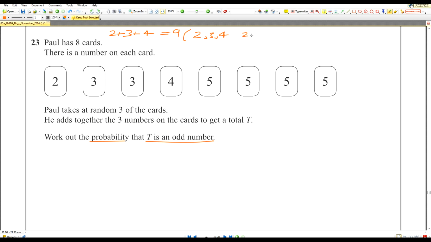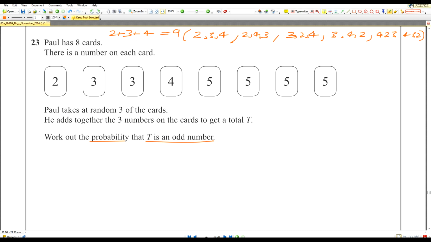We can have 2, 4, 3. We can have 3, 2, 4. We can have 3, 4, 2. We can have 4, 2, 3. And we can have 4, 3, 2. So there are our 6 possibilities with those 3 numbers.